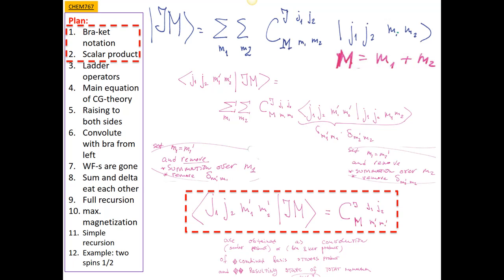So we are done with defining angular momentum addition in Bryant-Cat notation. Now we are writing down this expression and we are replacing the C symbol with this bracket stuff, and then we are going to apply the raising operator to both left and right sides.